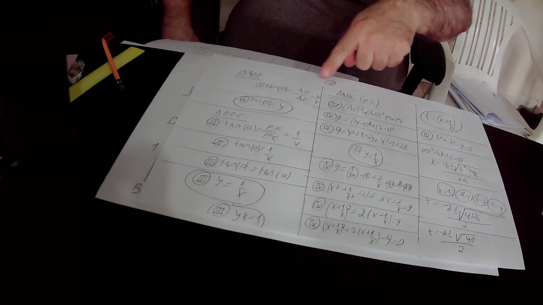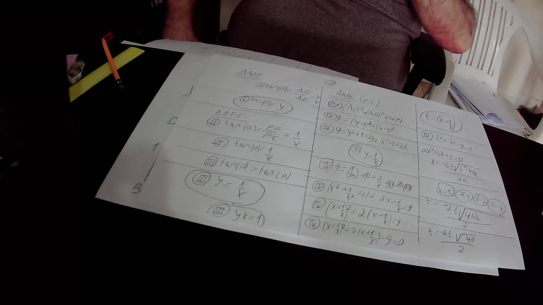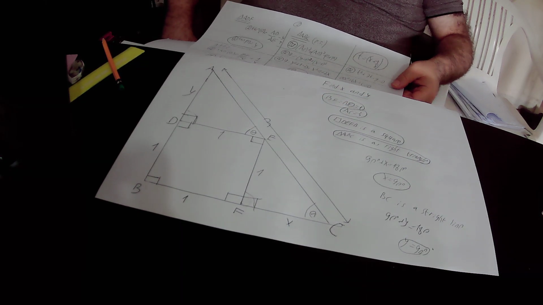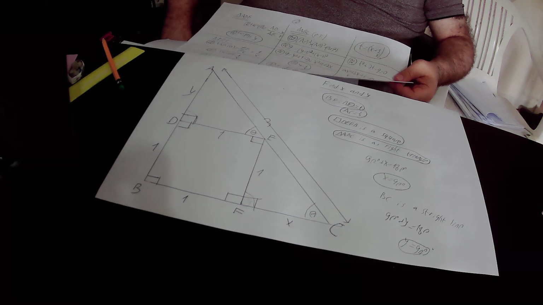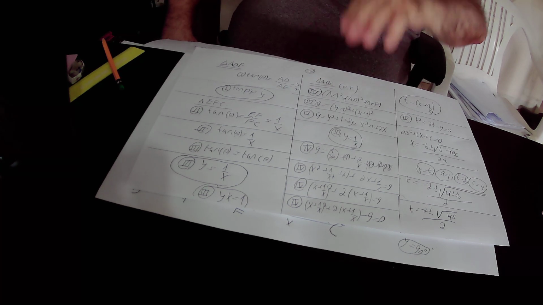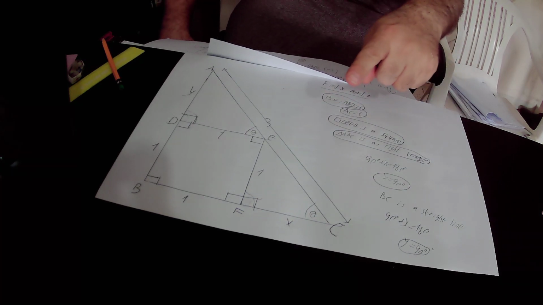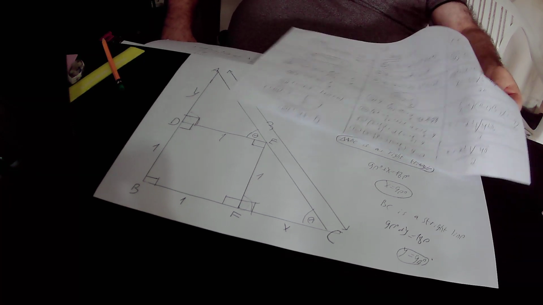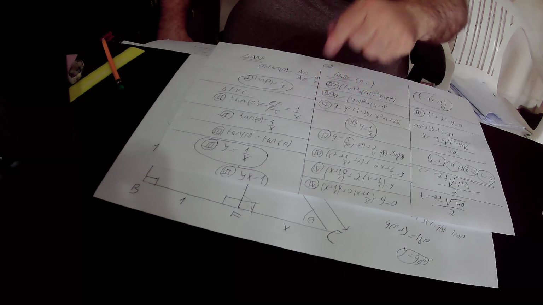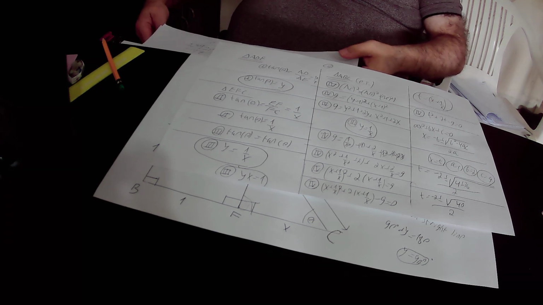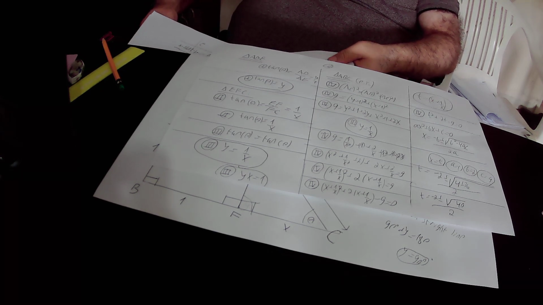So in conclusion, we found out that tangent theta equals Y. Then in the right triangle, triangle EFC, we also know that tangent theta equals EF over FC. But EF equals 1, and FC equals X, according to what is given in the question. So in conclusion, we found out that tangent theta, according to equation number 2 in triangle EFC, equals 1 over X. So we have two different expressions for tangent theta.